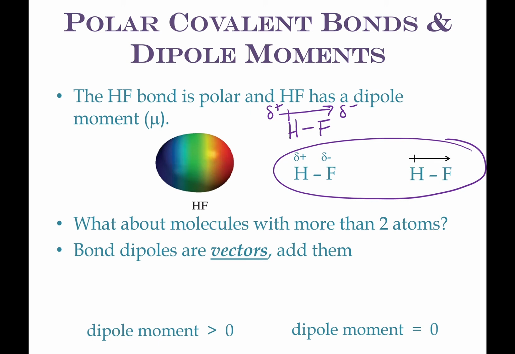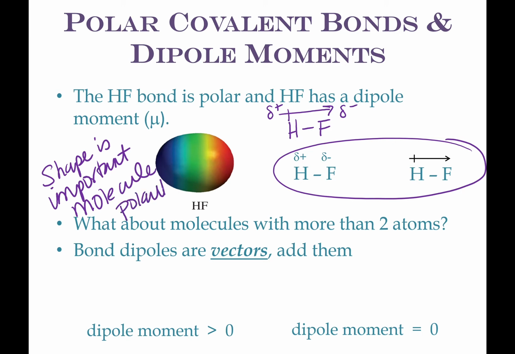Now, remember that when we do this, why did we talk about molecular geometry first? Why did we talk about that at all in overall molecular polarity? Because it's important in whether the molecule will be polar or not. Now, shape is important when talking about molecule polarity, because the shape of the molecule, if it was linear, might be nonpolar, but if it was bent, it would be polar.